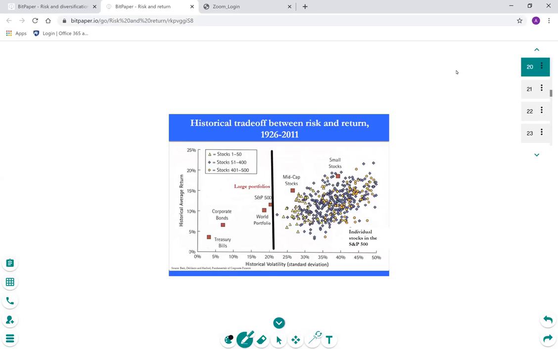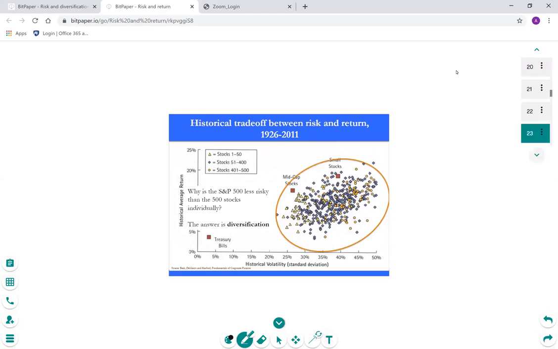And the reason for that is that it's a diversified portfolio. So it has a lower volatility or a lower standard deviation than all the individual stocks. And you might think, how can that be? Because it's just a composition of all the individual stocks. But there's actually this thing called the diversification effect, where as long as the individual stocks are not perfectly correlated, you can reduce the variance of a portfolio by having it be a mixture of two or more individual stocks.